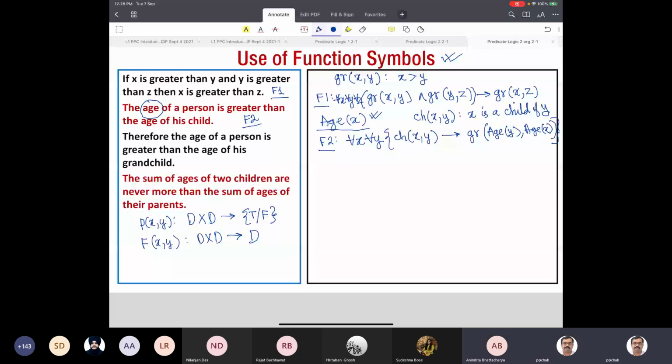Clear to everybody? Is it clear, everybody? Yes, sir. I won't do F3. You can do F3. It's easy.